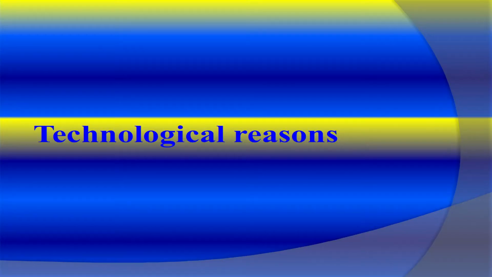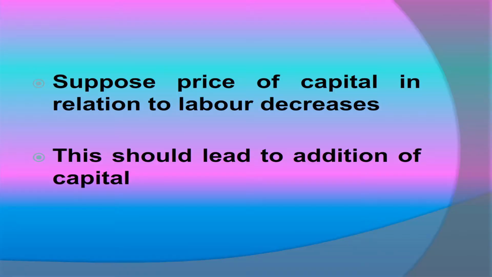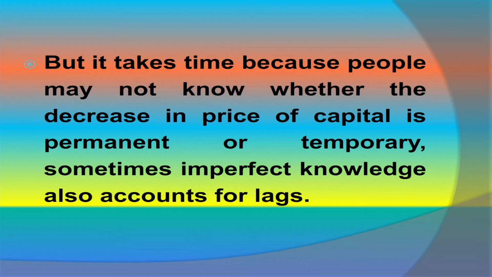We shall see some technical reasons which contribute to the inclusion of lag variables. Suppose the price of capital in relation to labor decreases. It should lead to addition of capital, but this will not happen instantaneously. It takes some time because people may not know whether the decrease in the price of capital is permanent or temporary.